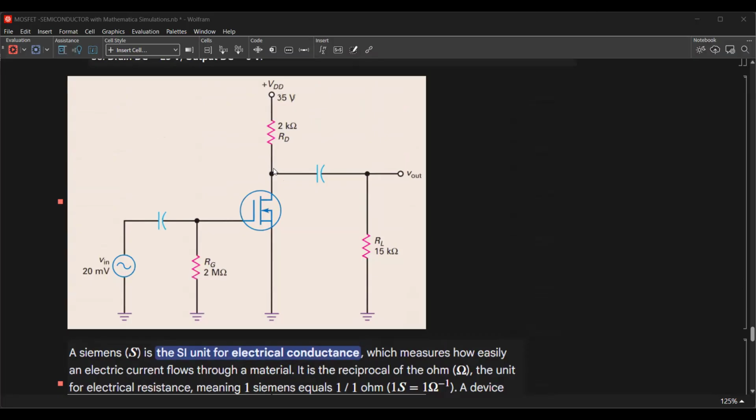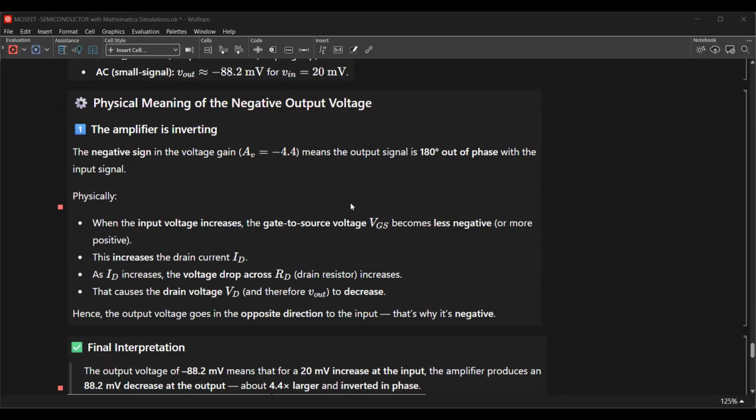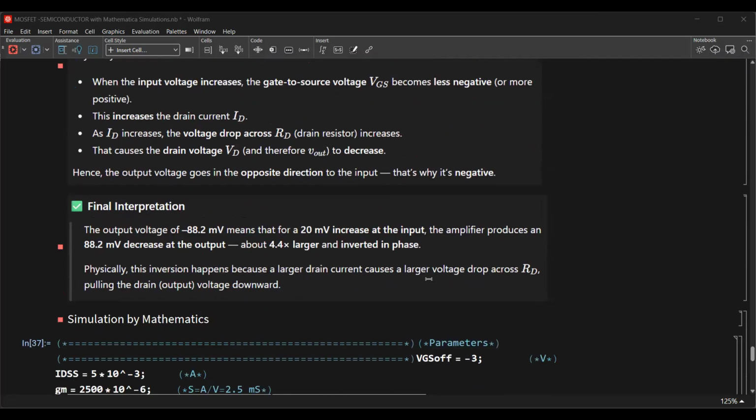So it will also decrease the voltage output. Hence the voltage goes in the opposite direction to the input. That's why it's negative.